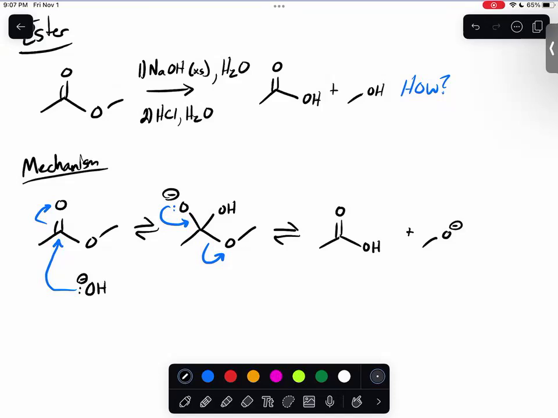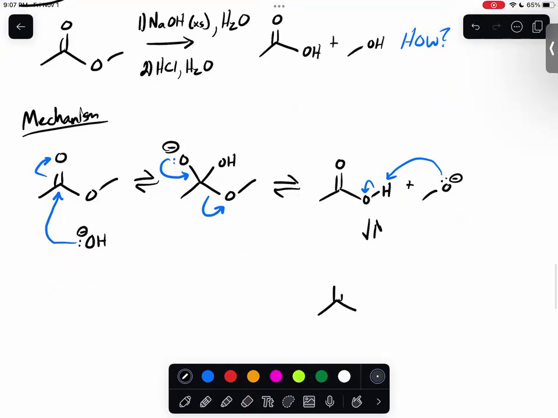But the one thing that is very important about this is the carboxylic acid differs quite a bit from the ester because of the final step of this reaction. It has an acidic proton, and that acidic proton can be deprotonated by the methanol or the methoxide that we just kicked off, and that will generate a carboxylate along with methanol.